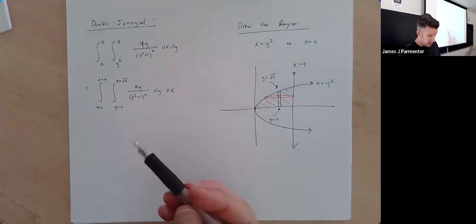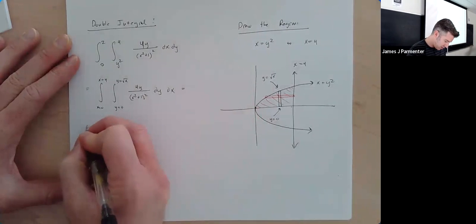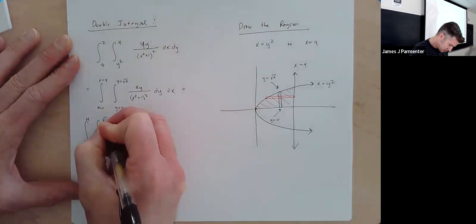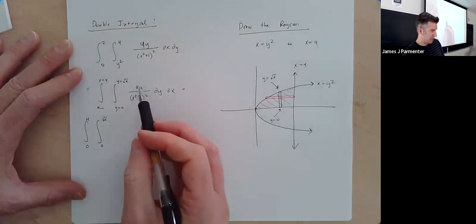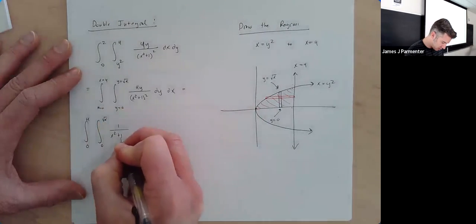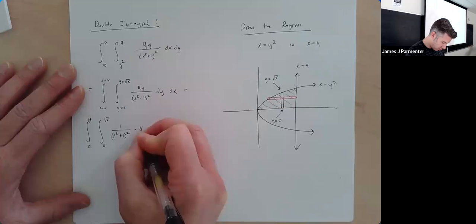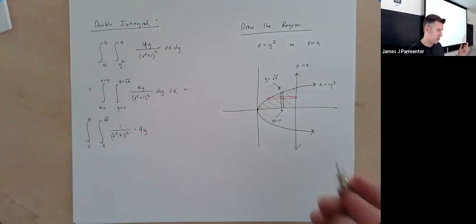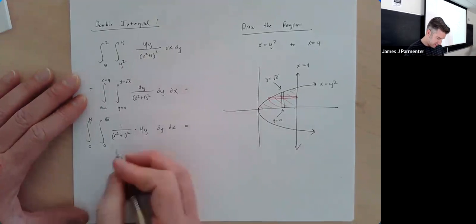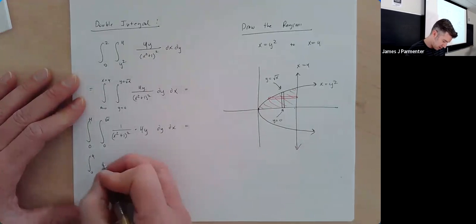And now integrating this is really straightforward. If you like, and I kind of do like, I might rewrite it so that I can think of the y part separately from the x part. So I might write this as 1 over x squared plus 1 squared, that's just my constant for now, times my 4y. So then when I anti-differentiate 4y, I get 4y squared over 2, or 2y squared.